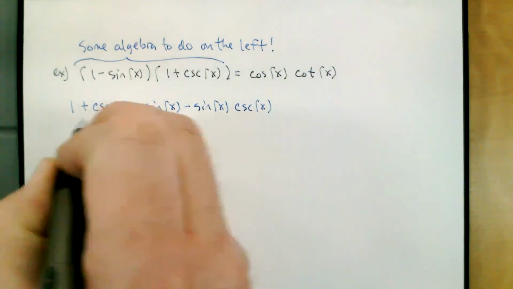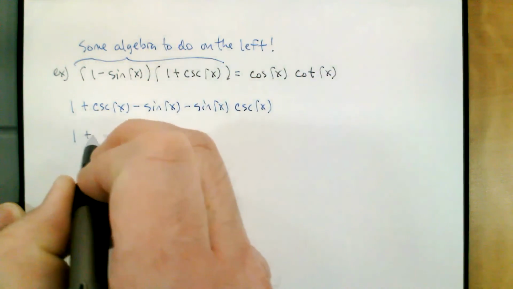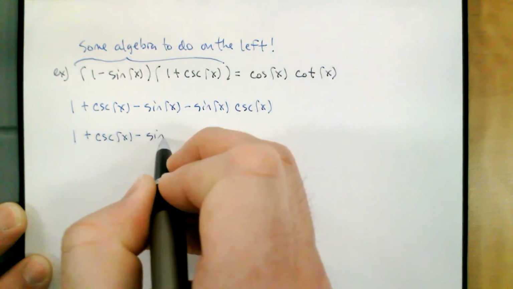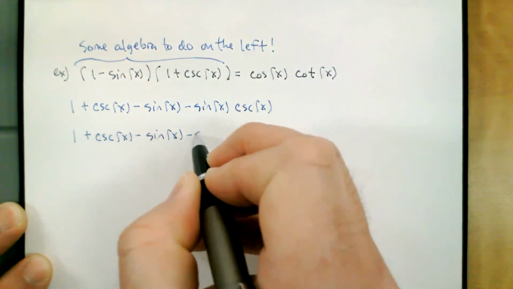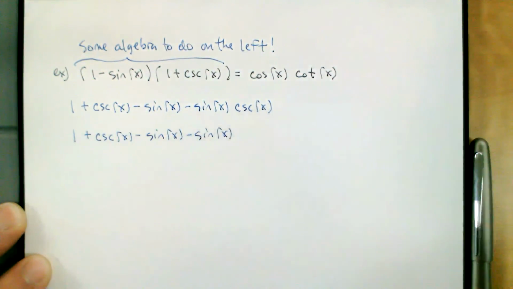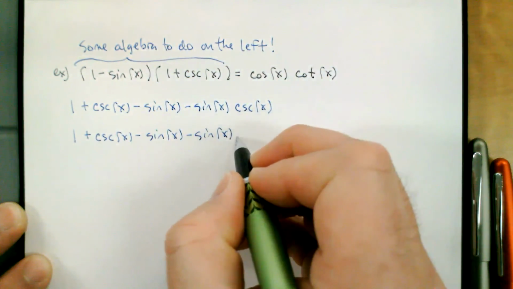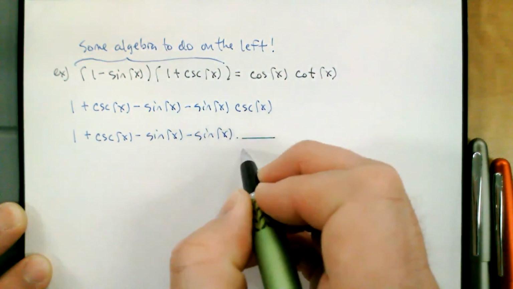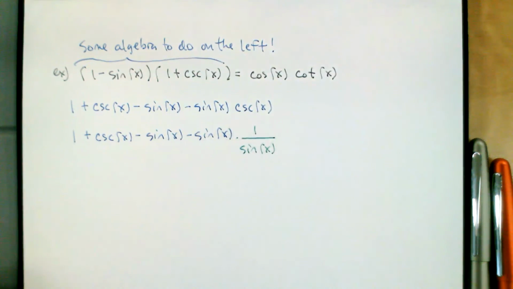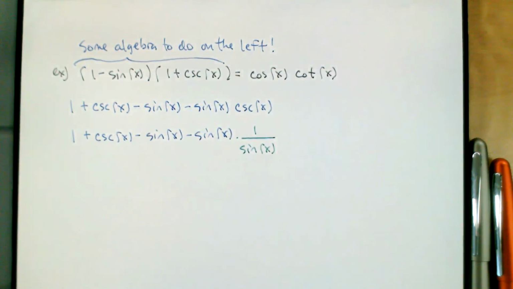Note that I'm not just changing everything yet. And I'm going to grab my reciprocal identity: cosecant is 1 over sine.